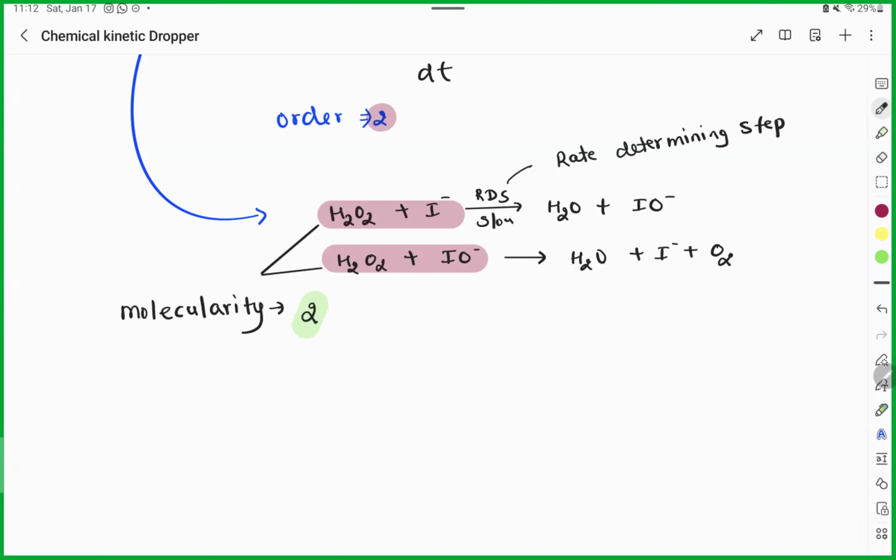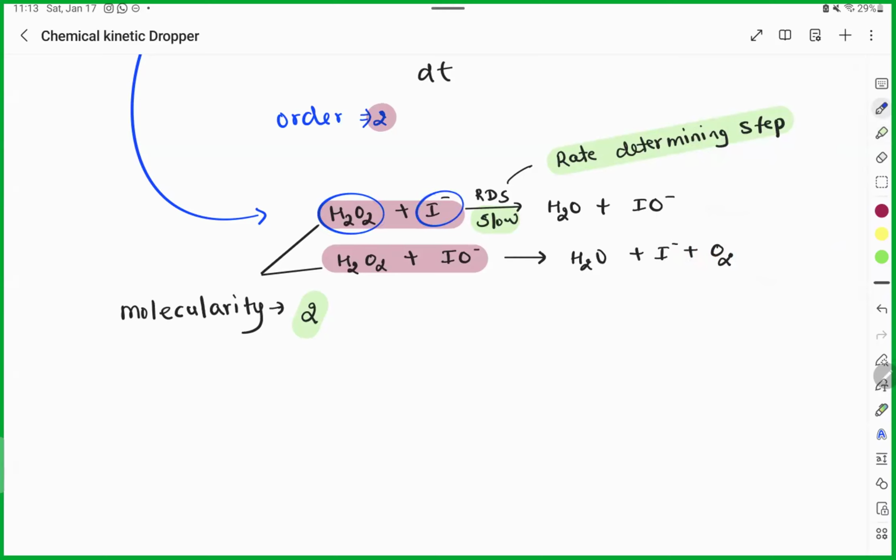Slow step. So usually the slow step is the rate determining step. And in this rate determining step, if you want to calculate the order, you always have to look at the rate determining step. In this situation, in your slow step, the H2O2 molecule is 1 and the iodine molecule is 1.